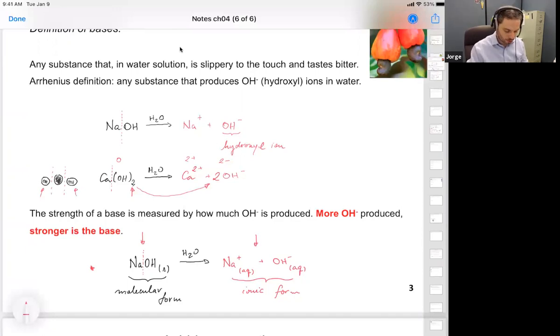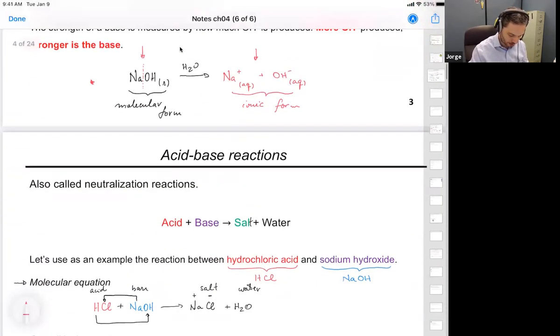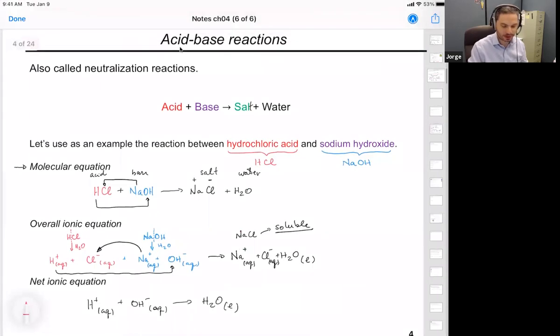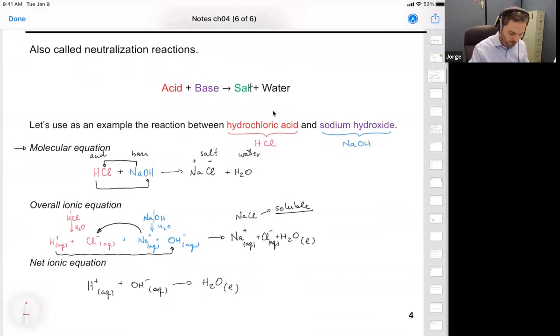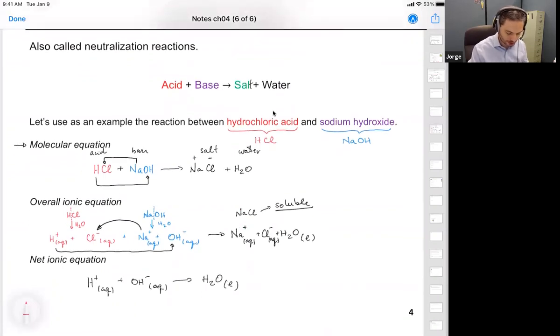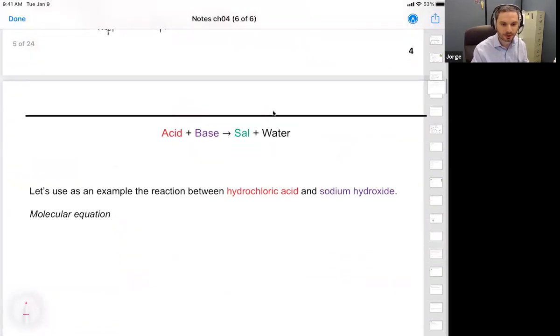Okay, so with that, then we can start looking at the acid-base reactions. The products are always going to be a salt and water, okay? So we started here with the hydrochloric acid and sodium hydroxide examples.